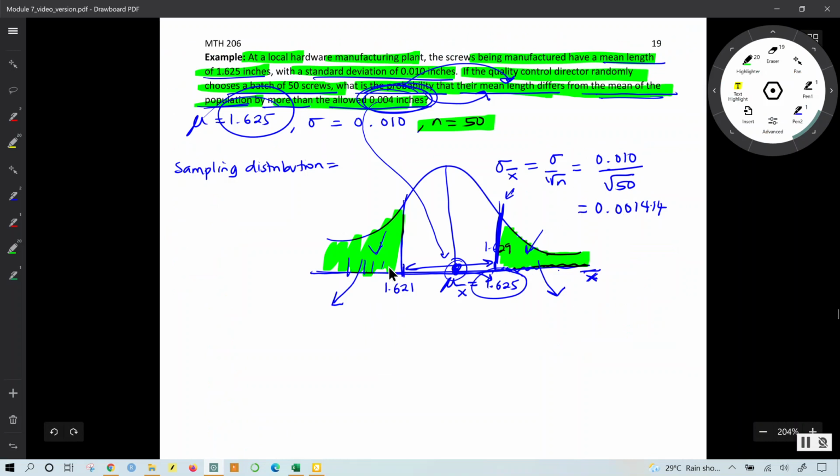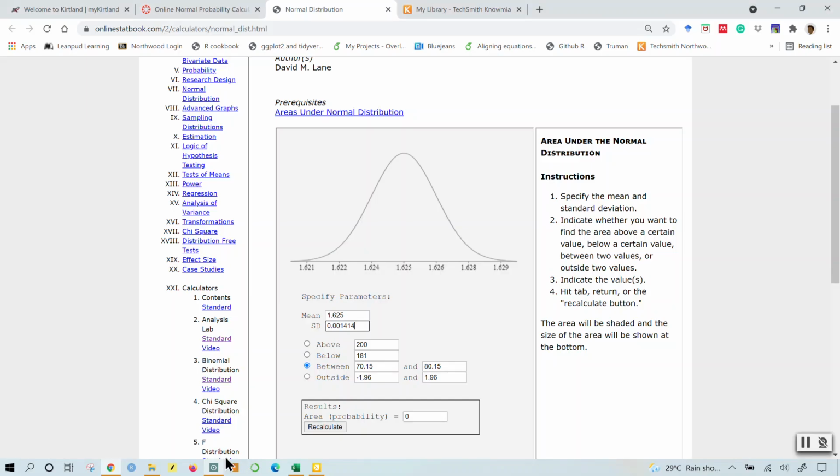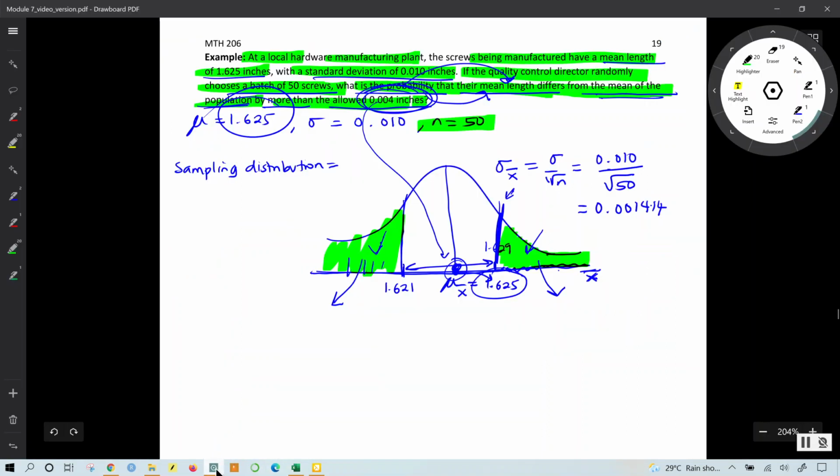So I would like to find the area below 1.621. I'm going to click on below, enter 1.621, and calculate. That is 0.0023. That is the size of this area.